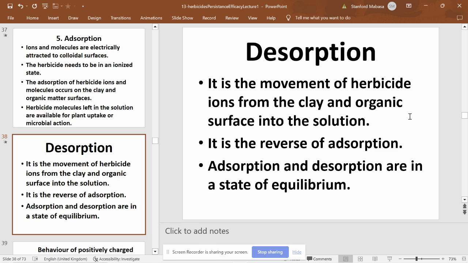So we have adsorption and desorption being in a state of equilibrium soon after applying our pre-emergence herbicides. Because some herbicides are adsorbed, others are in the solution.